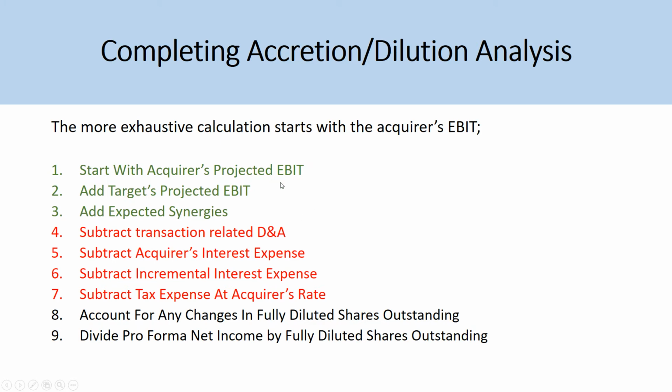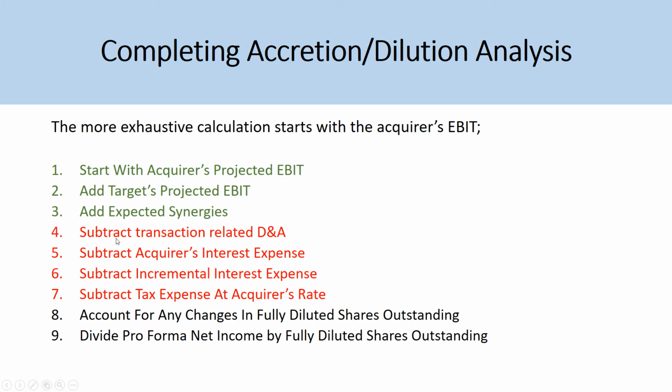We start at EBIT because really the new sources of revenues originate from expected synergies plus the target's EBIT. So you can add those two to the acquirer's projected EBIT, and then you can account for any new expenses that arise. So you have the existing acquirer's interest expense, but then you also add the new incremental interest expense.